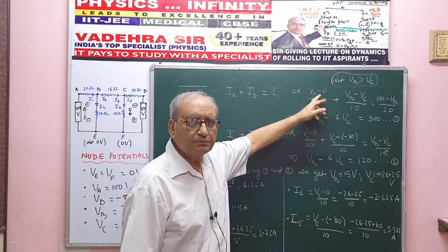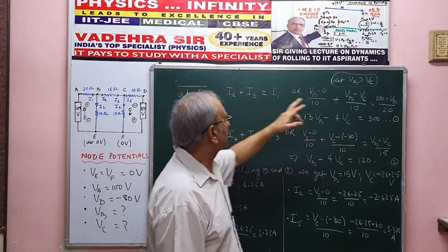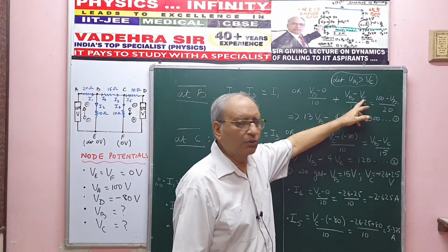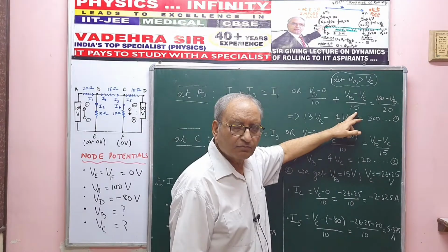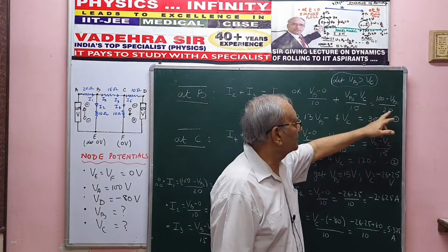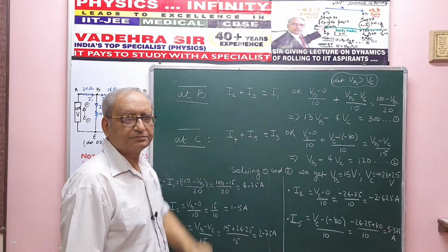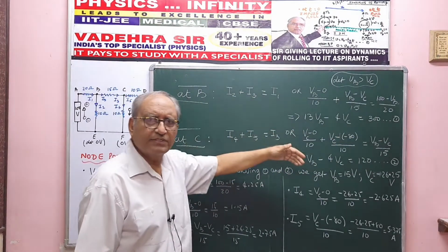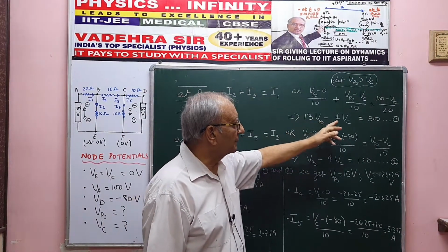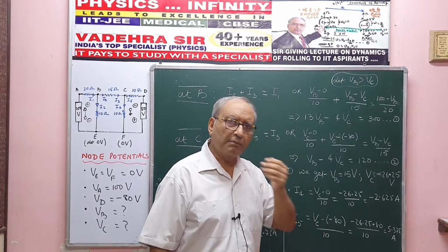(VB minus 0) upon 10 resistance, plus I3, (VB minus VC), both VB and VC are unknown, divided by 15 resistance, is equal to (100 minus VB) upon 20, that is I1. I adjust the equation and frame the first equation: 13 VB minus 4 VC equal to 300. Keep it as equation number 1.